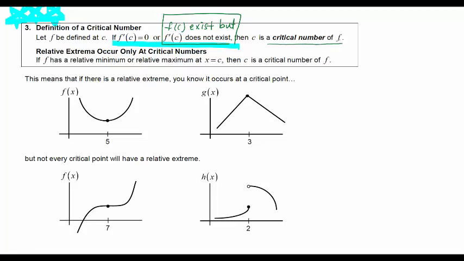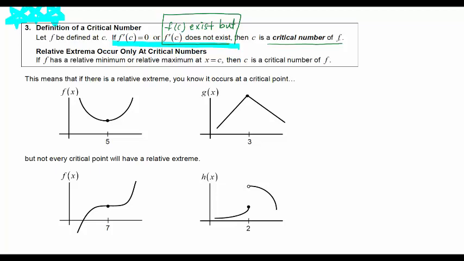Do you actually understand the critical number now? So if f prime of c equals 0, then c is a critical number. Also, if f of c exists but f prime of c does not exist, then c is a critical number of f.